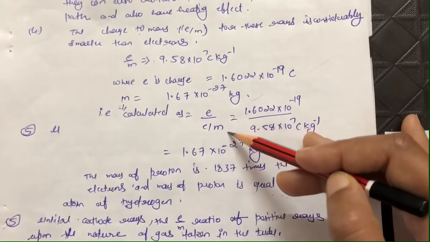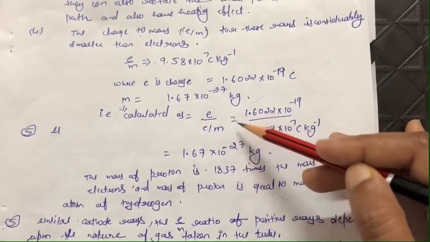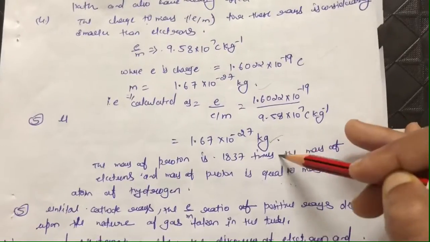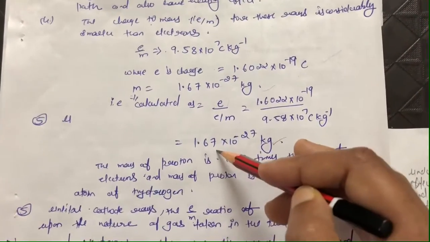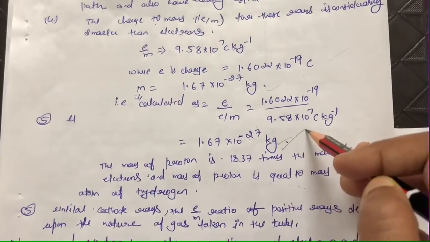The overall mass we can calculate by taking the ratio of charge to mass ratio, that is 1.67 × 10^-27 kilograms.